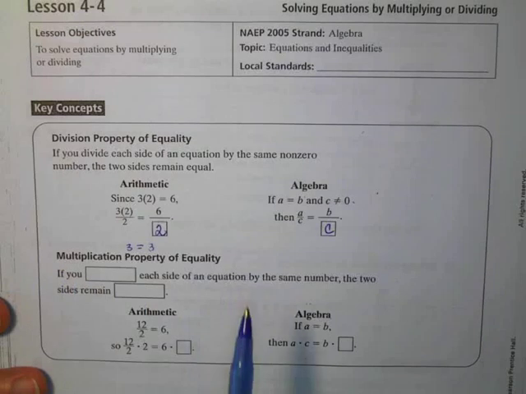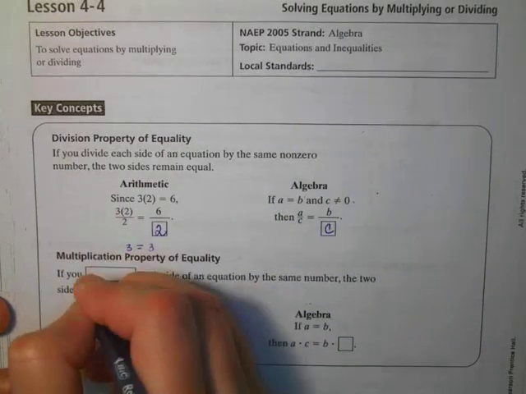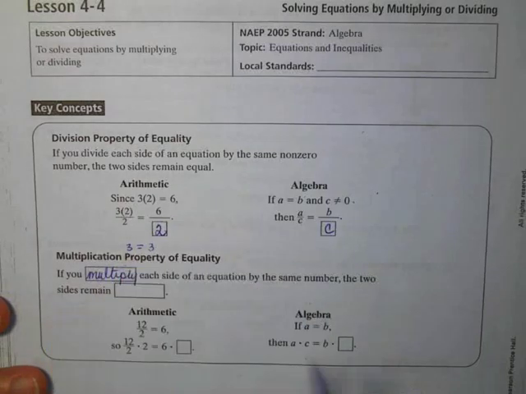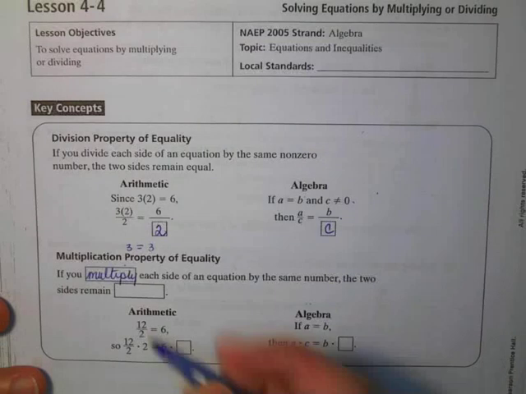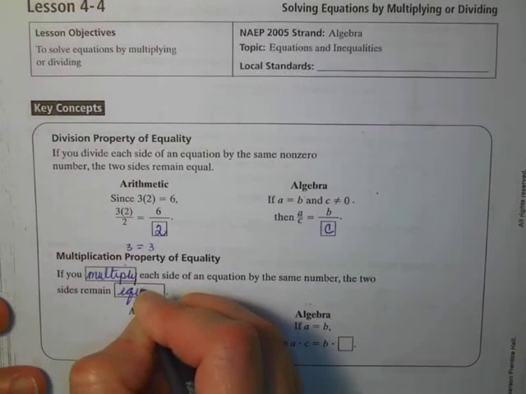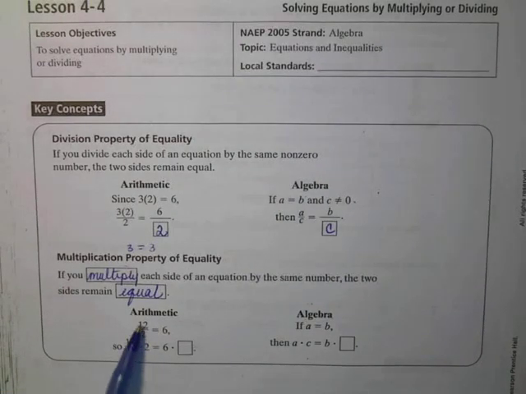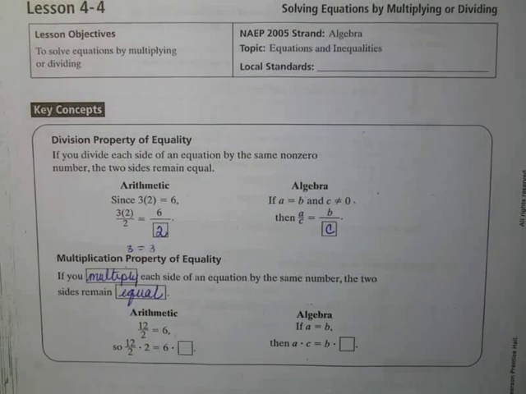The multiplication property of equality tells us that if you multiply each side of an equation by the same number, the two sides remain equal. Let's look at something with some arithmetic in it. 12 divided by 2 equals 6.